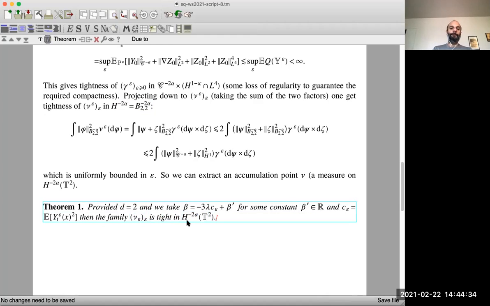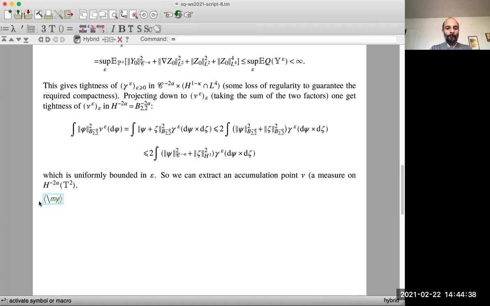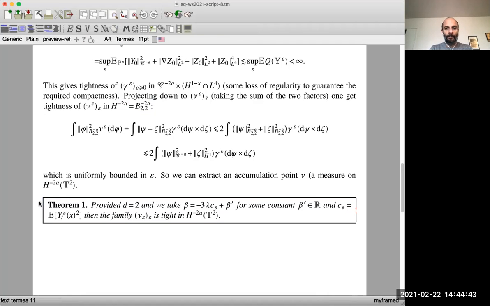So we have this theorem, the first theorem of the afternoon. So this is in 2 dimensions.